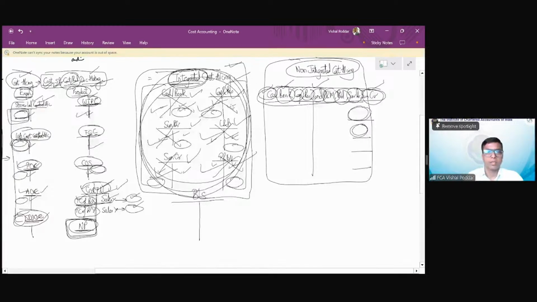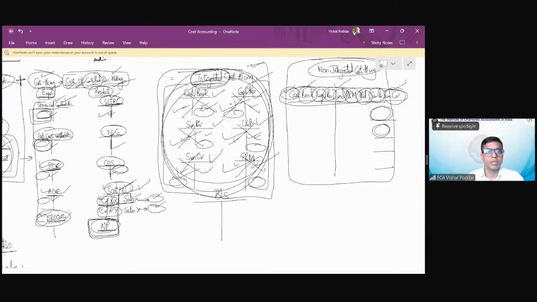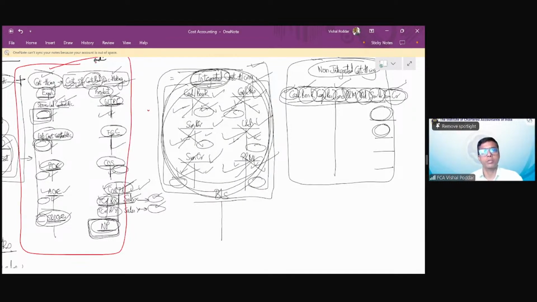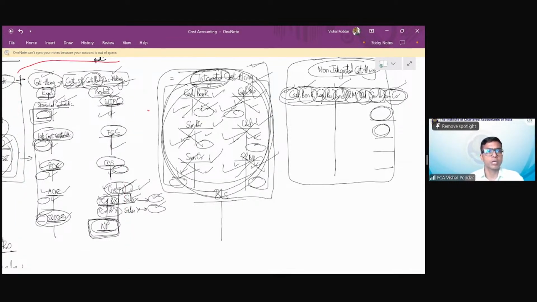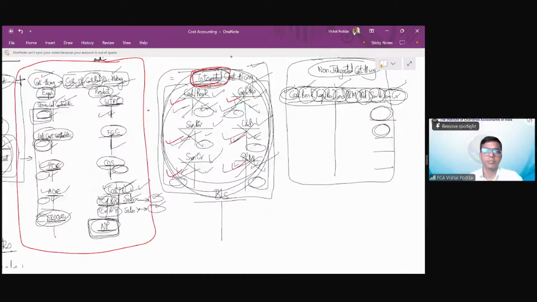So the final complete list of accounts that you prepare is this: this set is compulsory. Whether you do integrated or non-integrated, you require these accounts, because without them your cost accounting purpose cannot be achieved. With these accounts, if you follow the integrated approach, you will prepare separate asset and liability accounts that will complete your accounting.